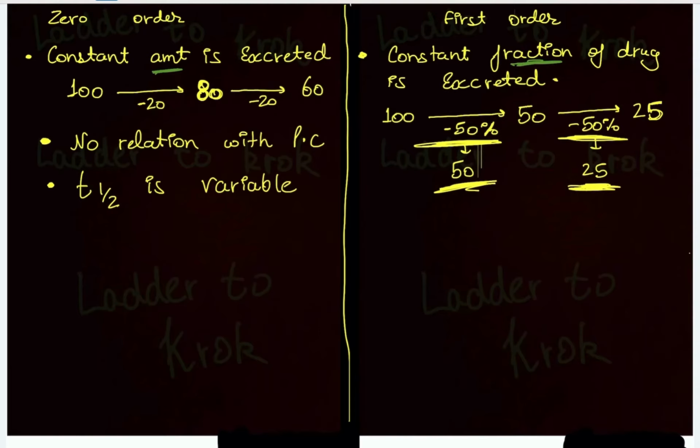Here excretion is directly proportional to plasma concentration. It means if the plasma concentration of the drug is very high, then excretion is also very high. In zero order there is no relation with plasma concentration. And in first order the T half is constant. Now I want to draw the graph.